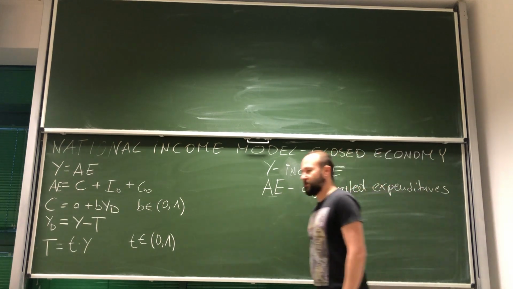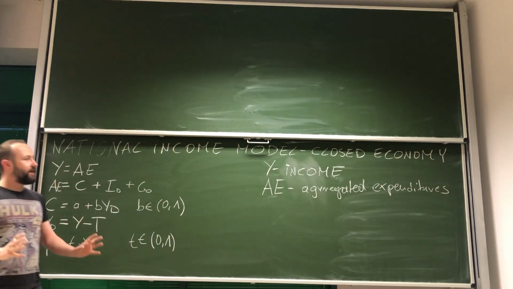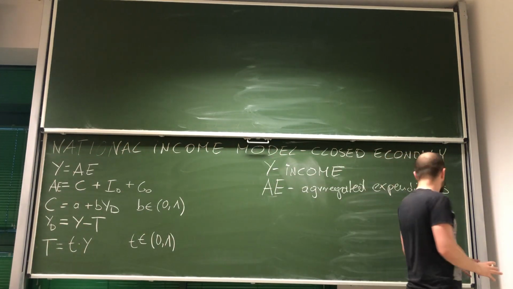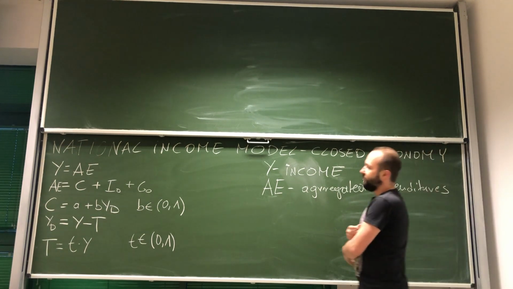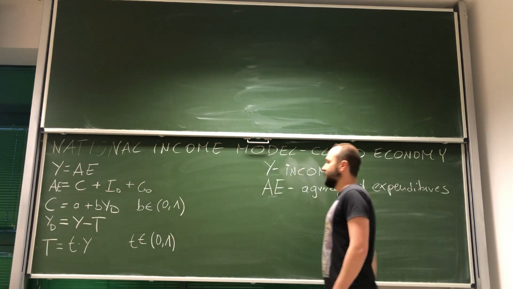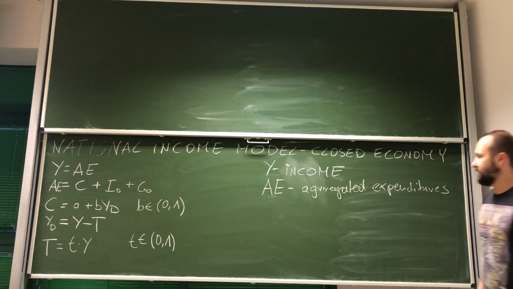Aggregated expenditures is simply a sum of all the types of expenditures we've got in the economy. Okay, but as you see from this equation, we've actually divided those into three different categories.